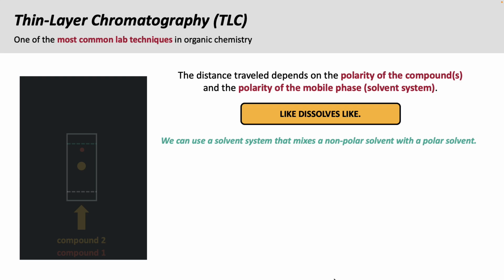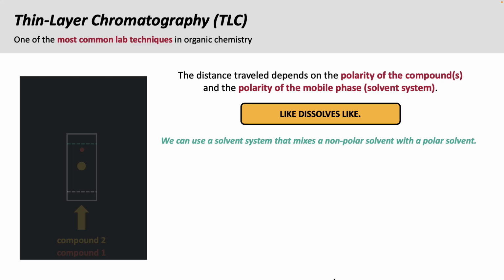And I want to be careful here because our stationary phase is really quite polar when we use, as we will, silica gel. This is a very polar stationary phase. So although our mobile phase or our solvent system will have a polar solvent in it, it is nowhere near as polar as the stationary phase.